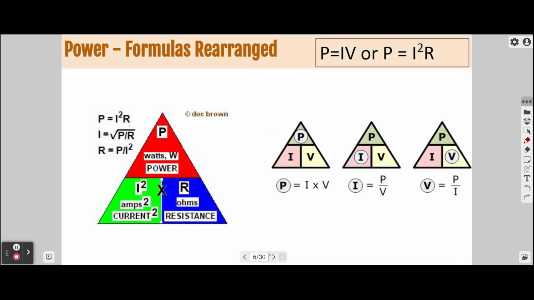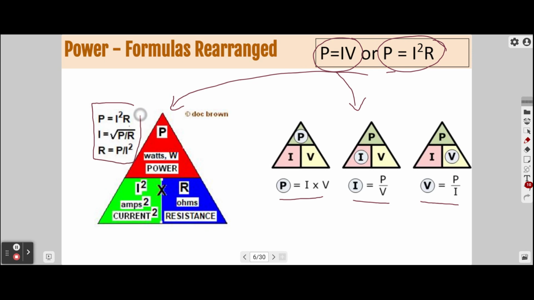So these power formulas can be rearranged. So here's our first power formula, P equals current times voltage. You can use this triangle if you want, or here are the rearrangements of that formula to find what's missing. Our second formula, P equals current squared times R, or resistance, is over here, also in a triangle if you want to use it, but here are the rearranged formulas.